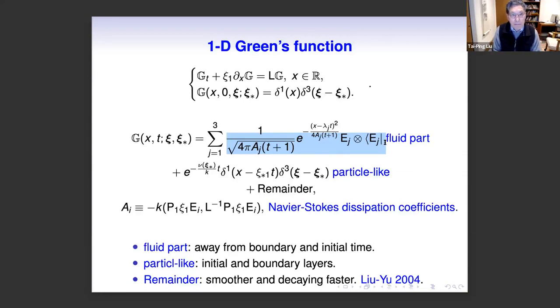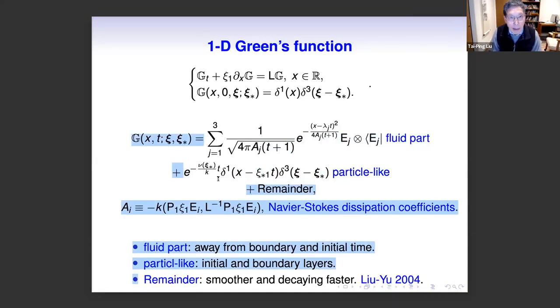One carries out the Chapman-Enskog expansion, and you get that aj. And then this wave will propagate with the Euler shape ej. Okay, so that's the fluid part. Another part, which I call the particle part.